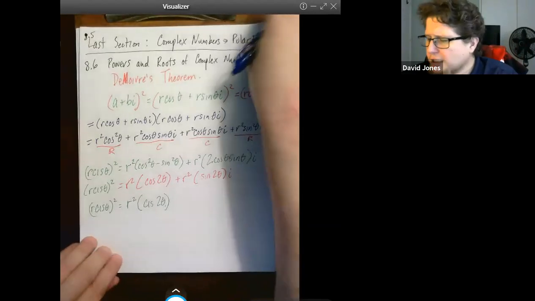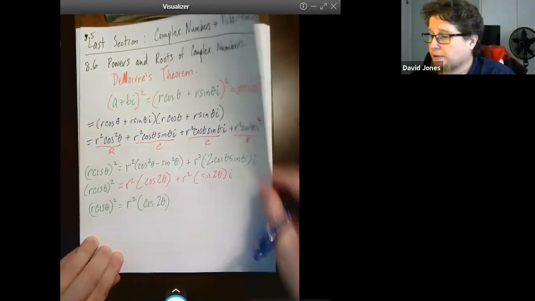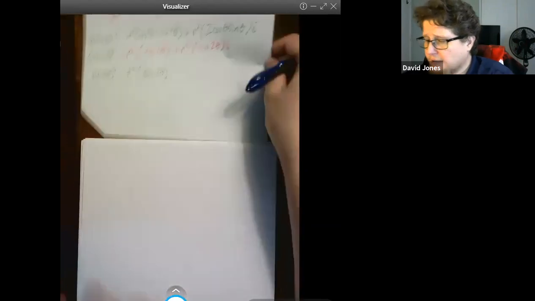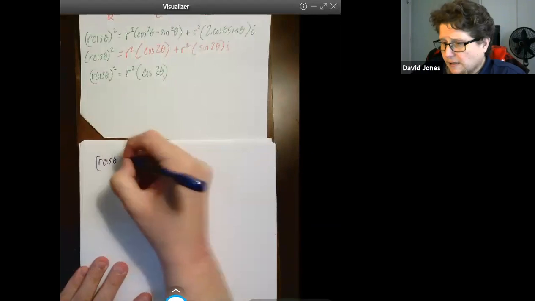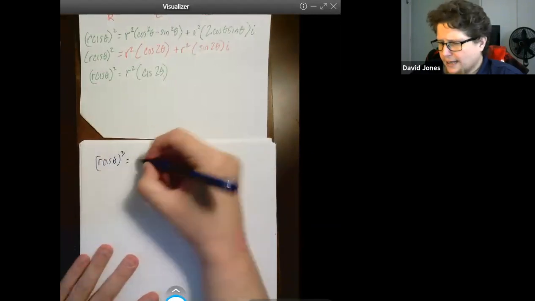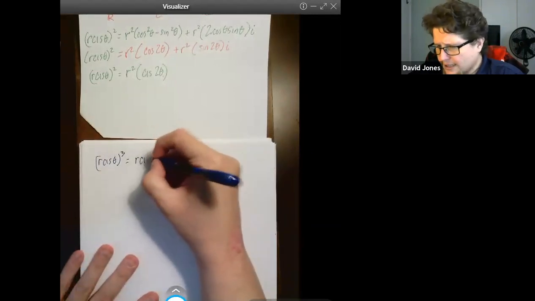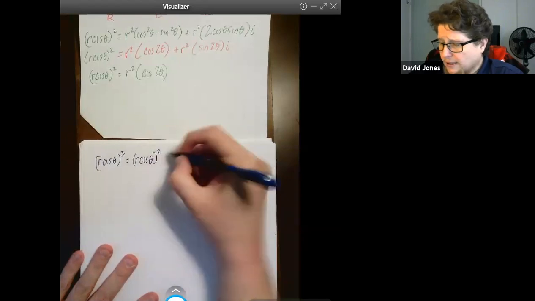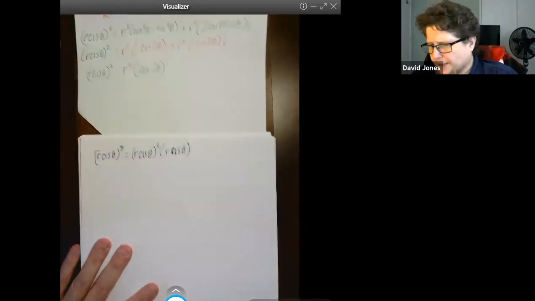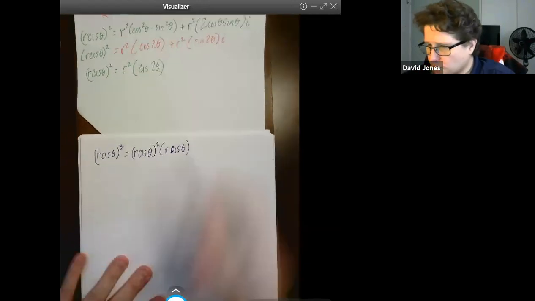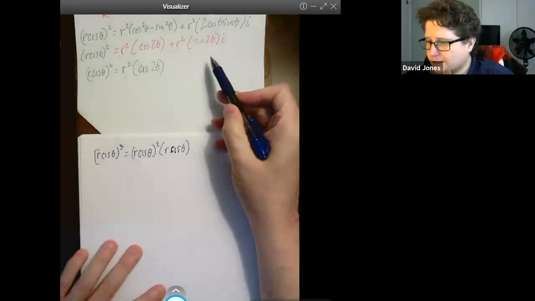Let's look at r cis theta cubed. Well, that equals r cis theta squared times r cis theta. And we just wrote out what r cis theta squared was.